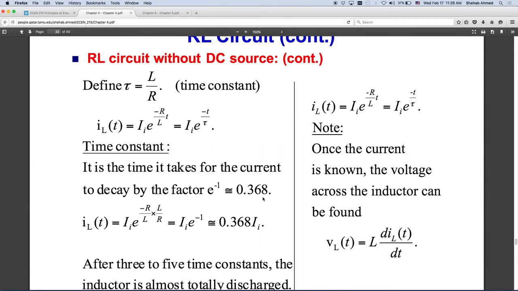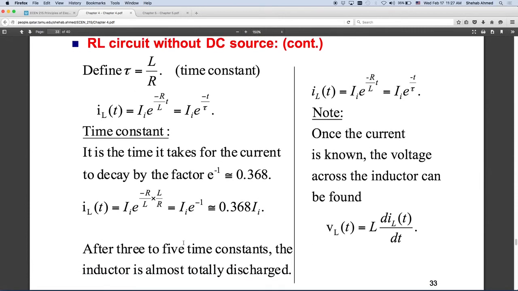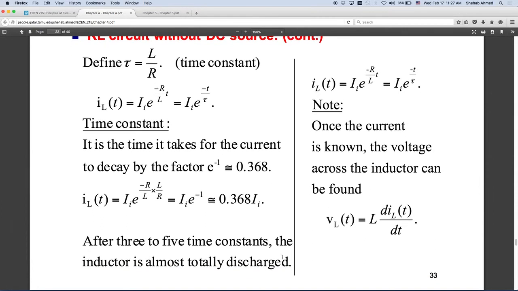So you expect that the inductor current, when it is being discharged, will be 0.368 of its initial value. When it's being charged, after one time constant, it will be 0.63 of its value, right? And of course, if we have the current, we differentiate the current and we are able to get the voltage across the inductor.